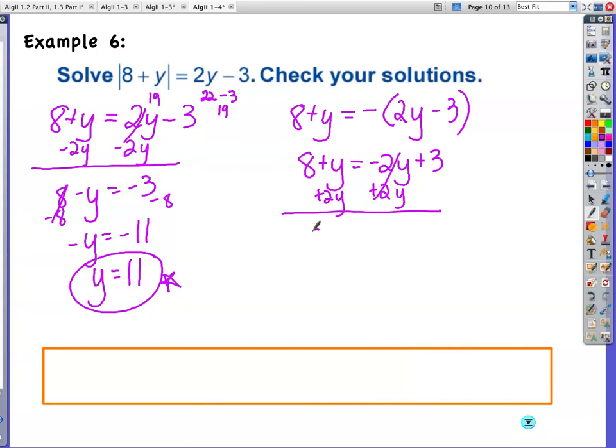This cancels out. I have 8 plus 3y equals 3. Now I'm going to get y by itself, so I subtract 8. That 3y is joined with this, and now I have a negative 5. And then I have y equals negative 5/3.